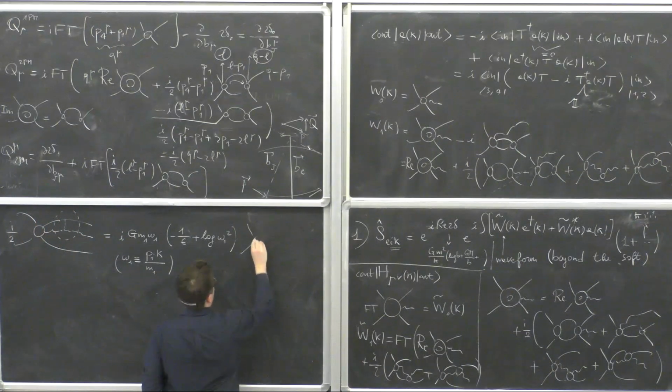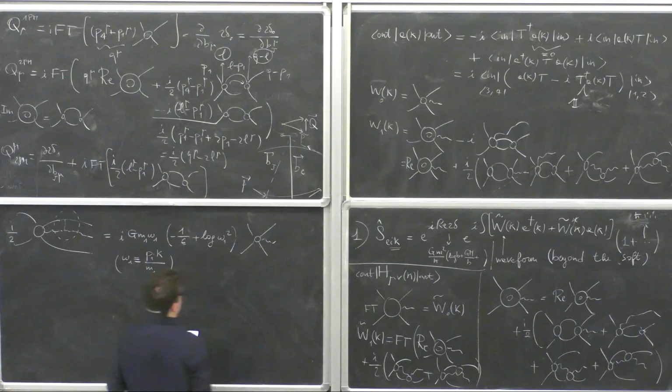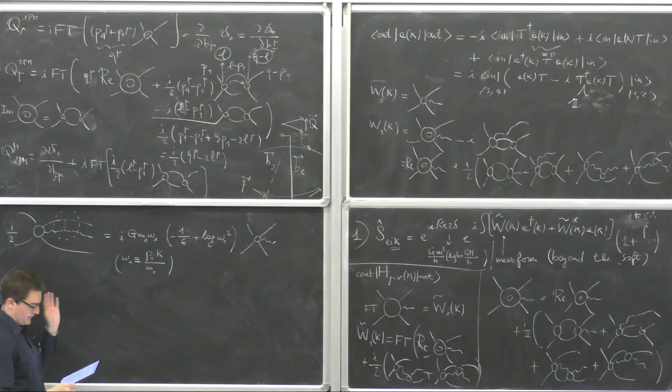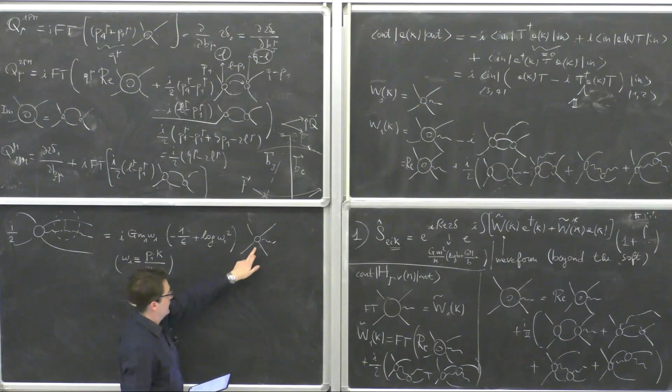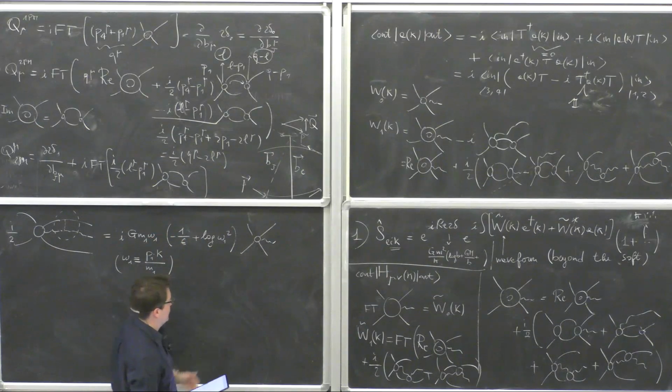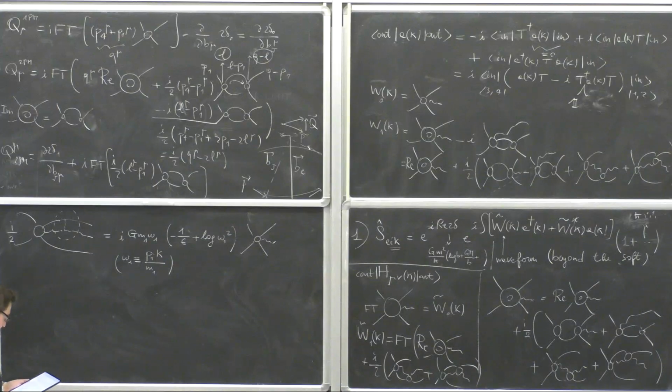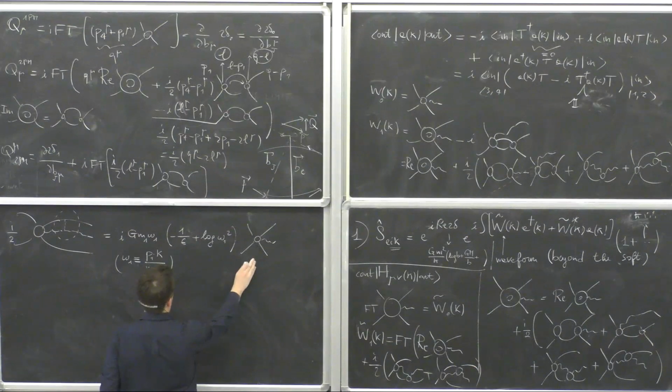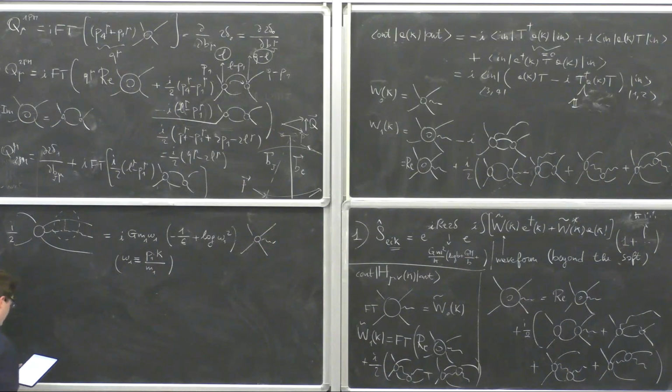Let me call it like this. And here there is another subtlety: it's really the 2-to-3 amplitude in D equals 4 minus 2 epsilon. So here we are only predicting the infrared divergence, but you should be careful, because the amplitude here will depend on epsilon. This is what I'm trying to say.